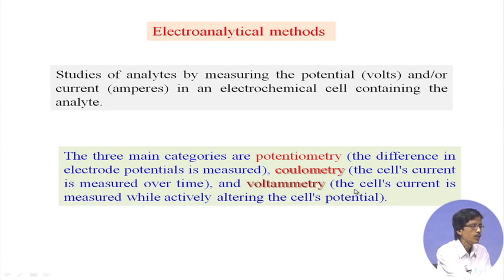Now, if we try to measure the current, the cell's current is measured over time. That means how much charge, not typically the current but the charge, in terms of coulombs, we can pass. So, coulometry is the passing of electrical charge through that solution, and something is happening.